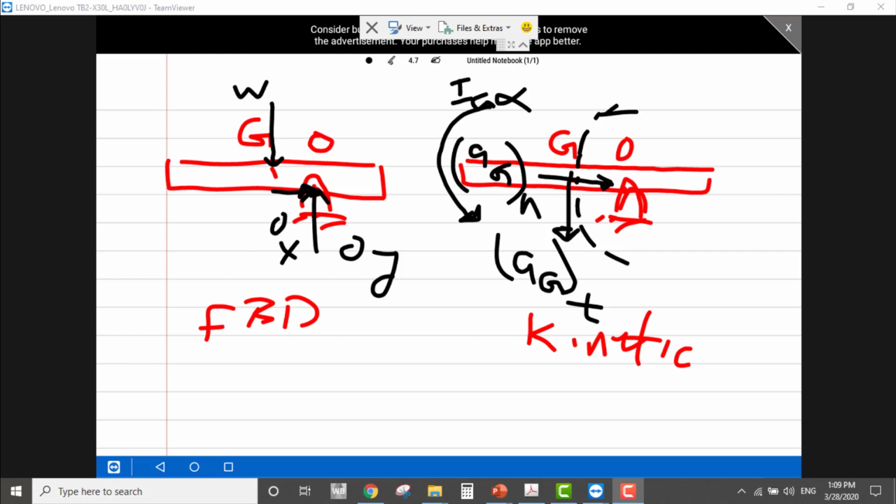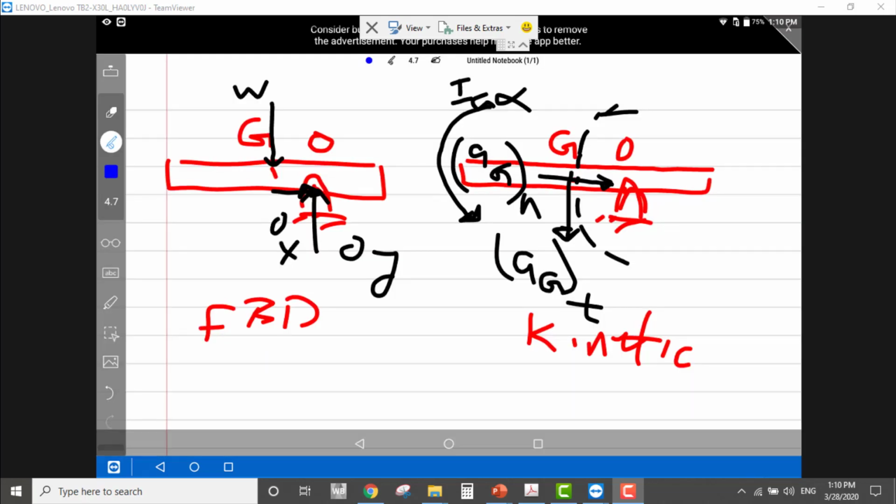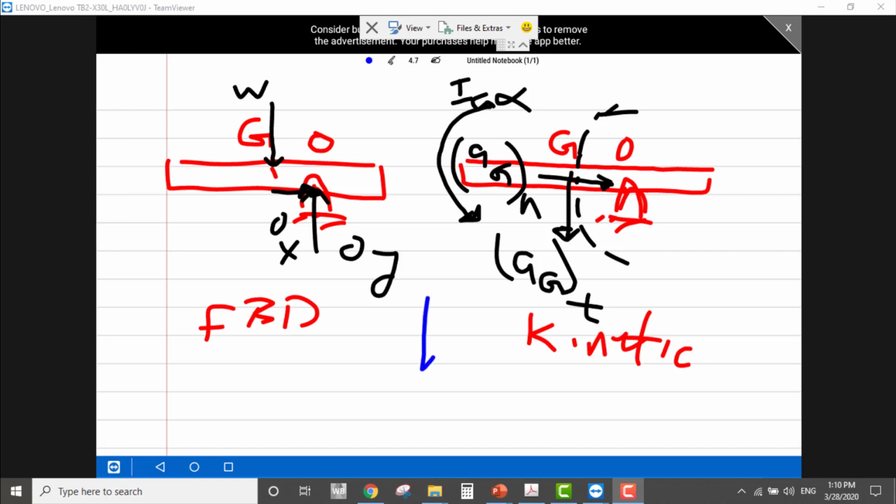So I skipped the first step in the solving procedure, which is to determine the positive direction of the coordinate system. I prefer to put the positive direction according to the directions of the acceleration. The tangential acceleration is directed downward, so this is tangential positive.